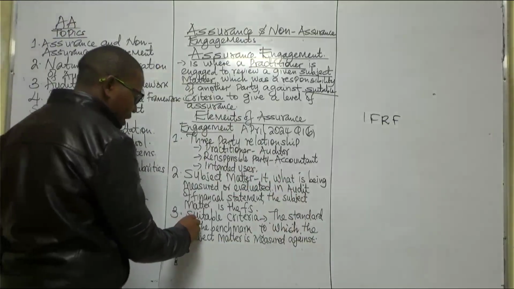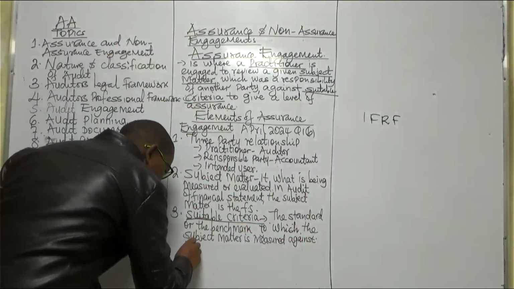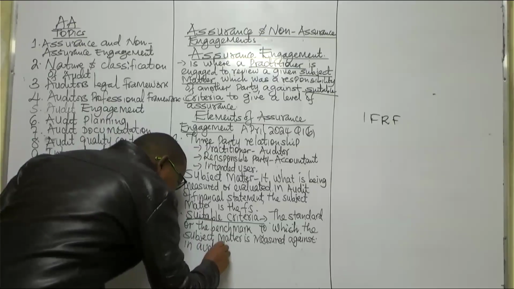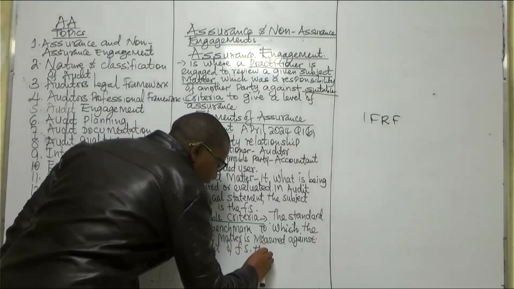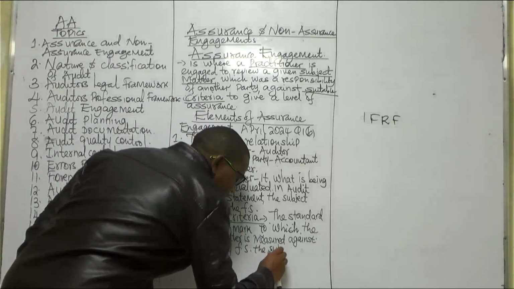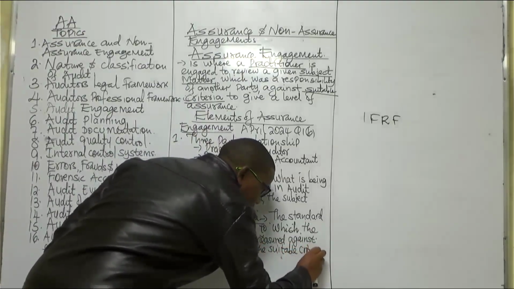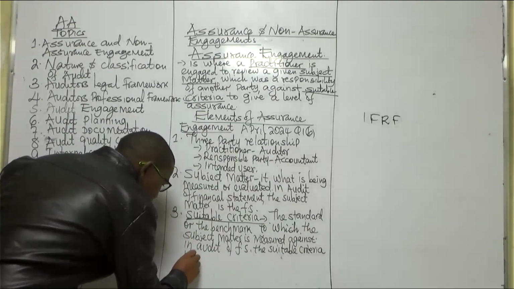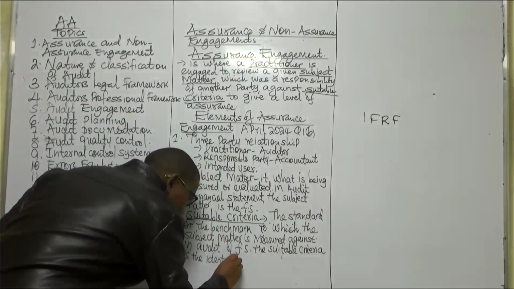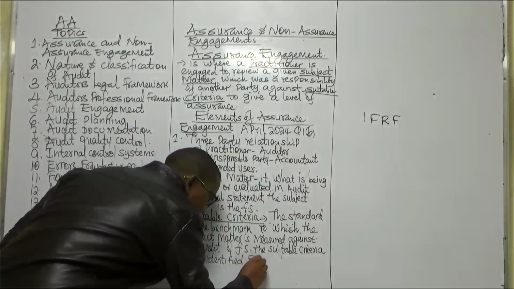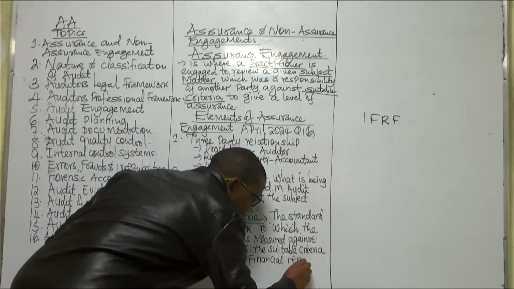We know in this case, in audit of financial statement, the subject matter is the financial statement, and the suitable criteria is the identified financial reporting framework.